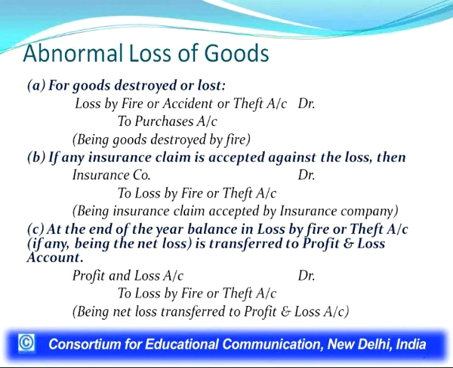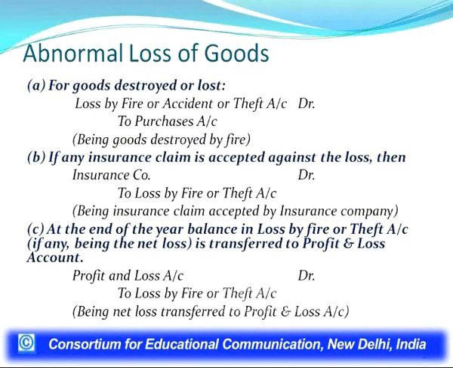Now, we could see that the whole loss may not be compensated by the insurance company. For example, if the loss of goods by fire was 20,000 and an insurance company surveyor passed only a claim of 15,000, then 5,000 is a net loss to the firm. That net loss on account of this abnormal loss of goods shall be debited to profit and loss account at the end of the year.